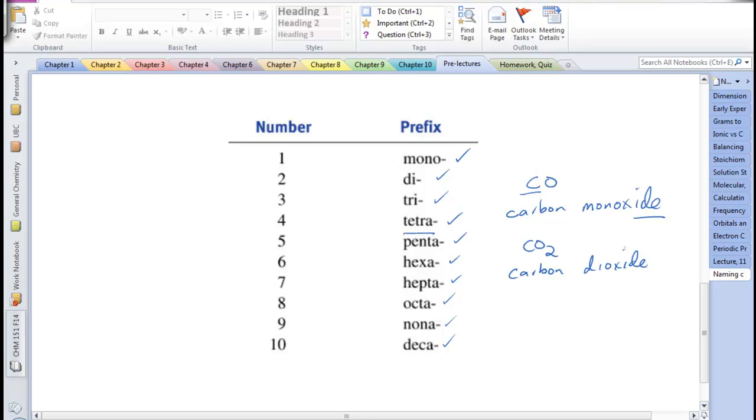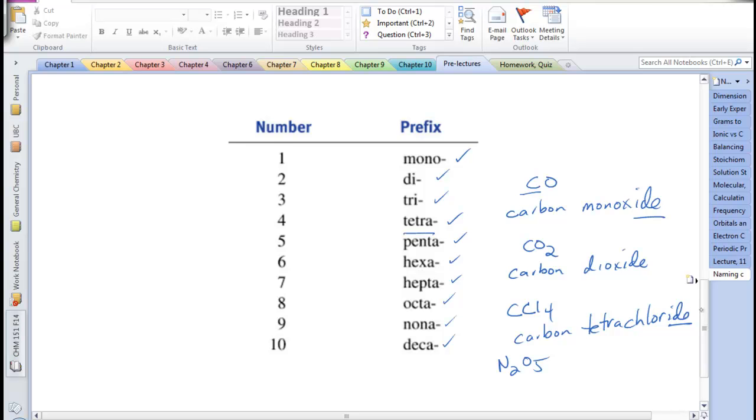I wrote this up above. CCl4: carbon, again not monocarbon, just carbon. 4, tetra. Not chlorine, but chloride. Again, we change the ending to -ide.